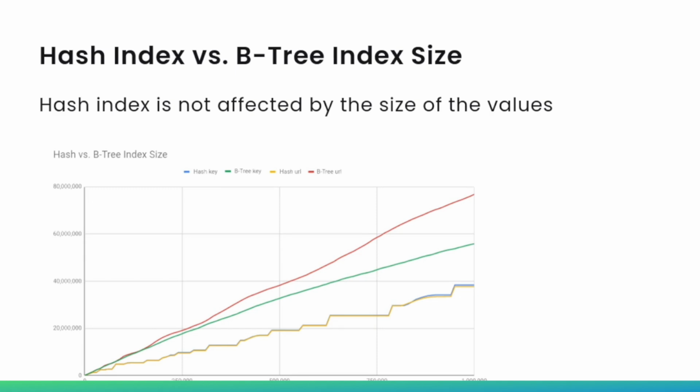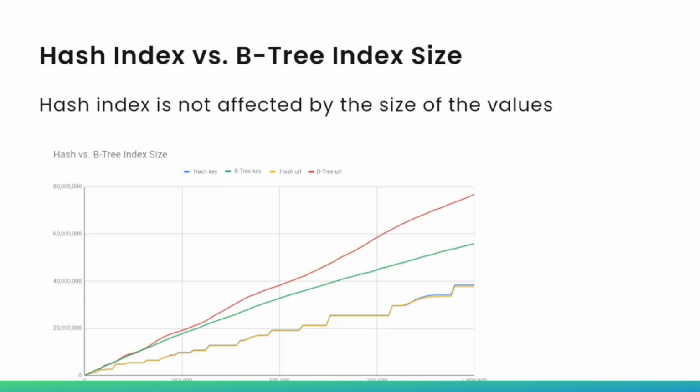So in this case, we index the same amount of rows, but because the URL is a big text and the key is small, the size of the B-tree on the URL is significantly larger than the size of the B-tree on the key. Or in other words, the size of the B-tree index is affected by the size of the values it indexes, okay?